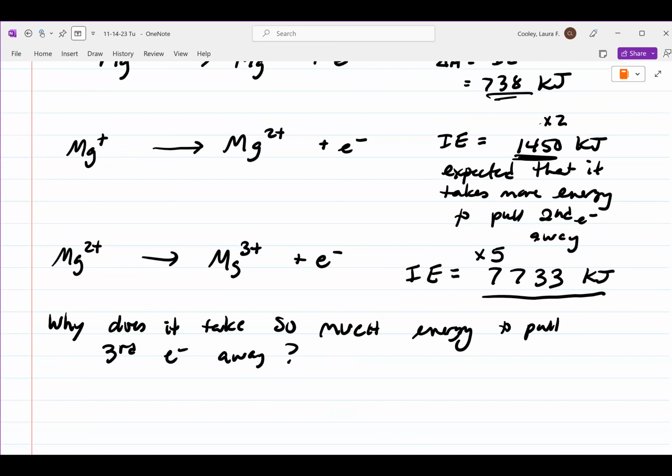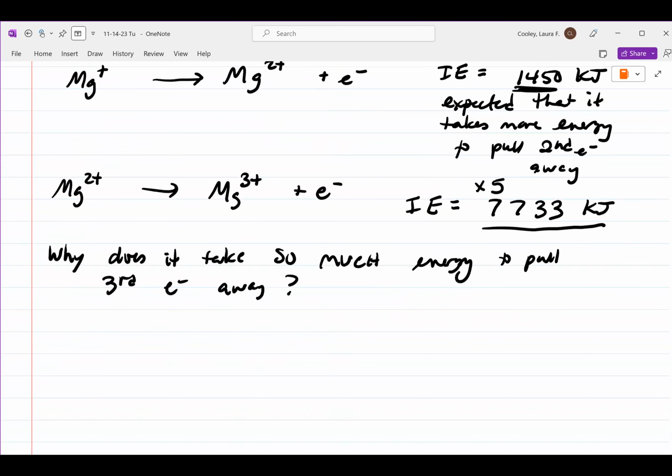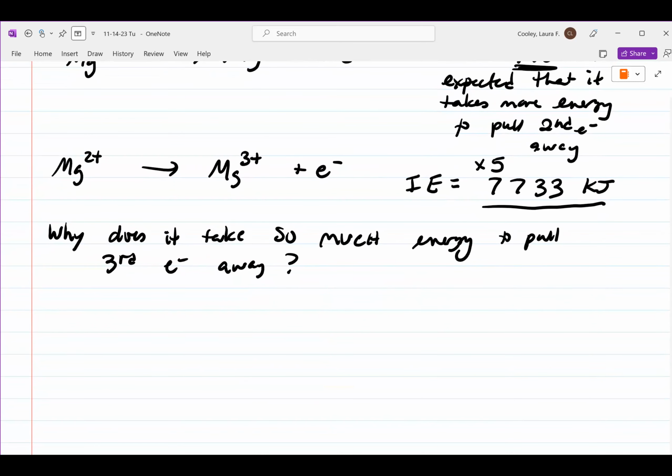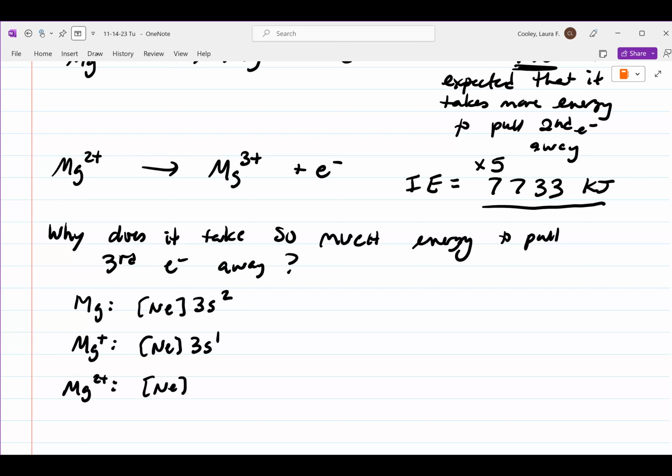Okay, and so look, it helps to think about electron configurations. We know what magnesium's configuration is. When we lose an electron, you take the last valence electron away, you get 3s1. When you take away the second electron, you have a nice rare gas configuration.